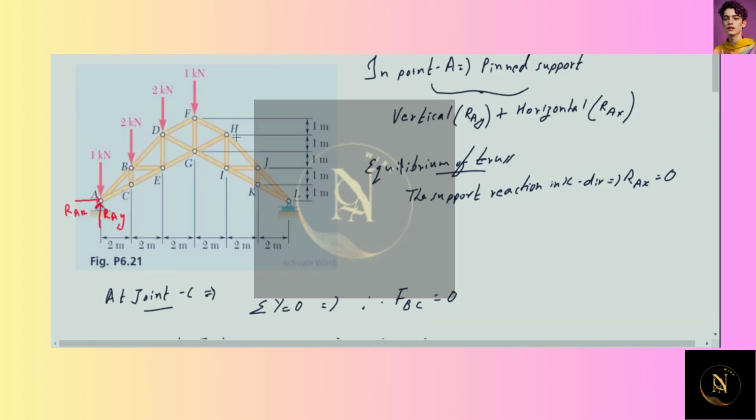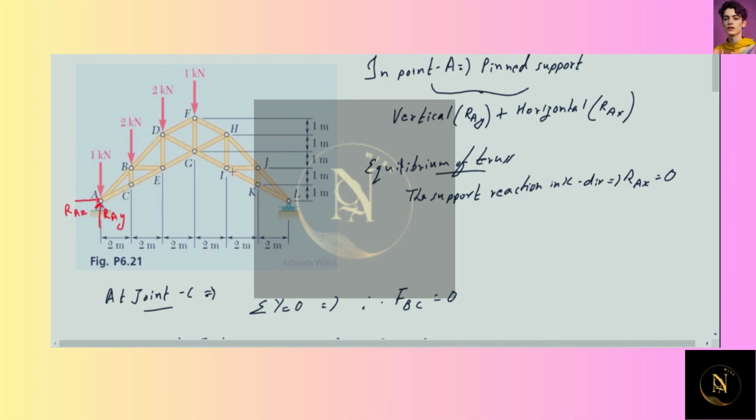That is, at joint I, GI and IK are collinear, so FHI equal to 0. The third member HI will be a zero force member if no external components act along the member.